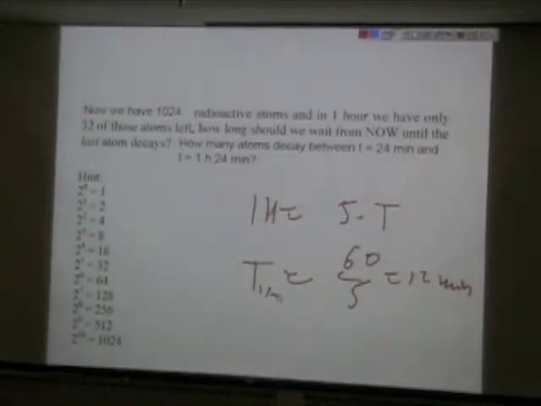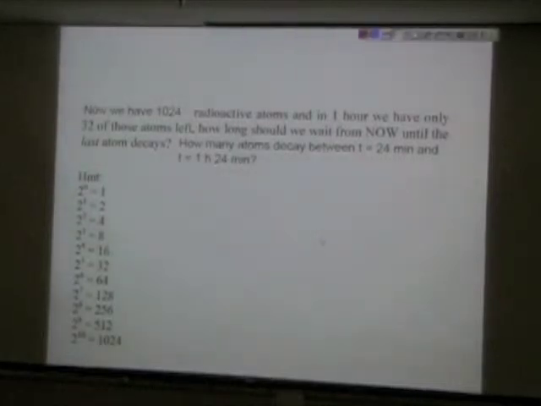Well, okay. Next question. From the initial time, how much time would we have to wait until the last radioactive element decays? Well, there are different ways to do that. You can count half-lives. So you start from this: 1, 2, 3, 4, 5, 6, 7, 8, 9, 10.